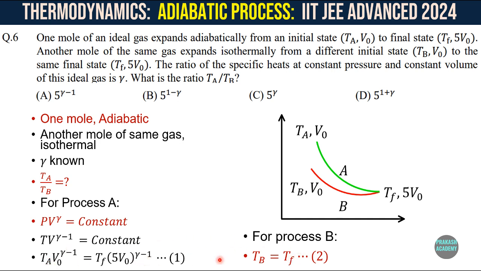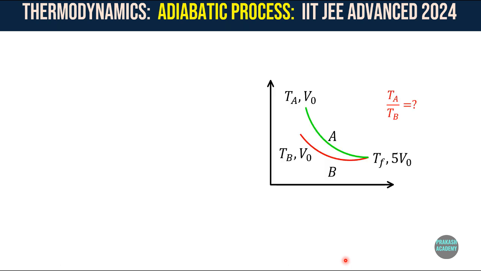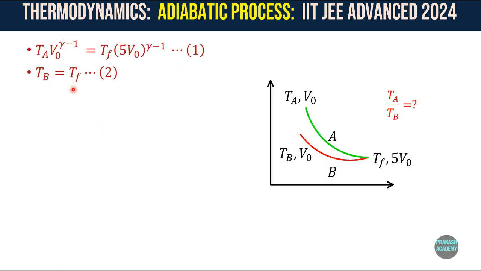Now we have this equation and this equation, that is equation 1 and equation 2. Using these two equations we have to find this ratio. Now what I can do is plug Tf into equation 1 from equation 2. So equation 1 becomes the same but Tf equals Tb, so I can write Tb times this value.